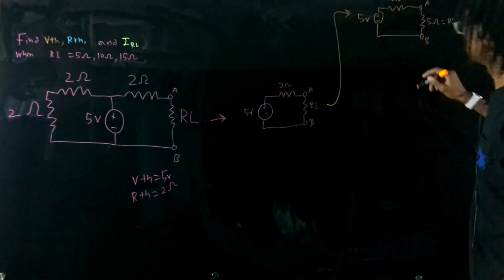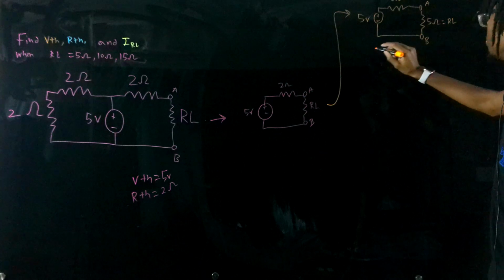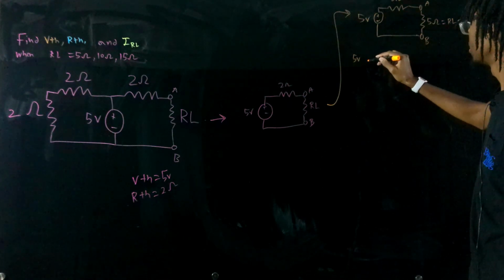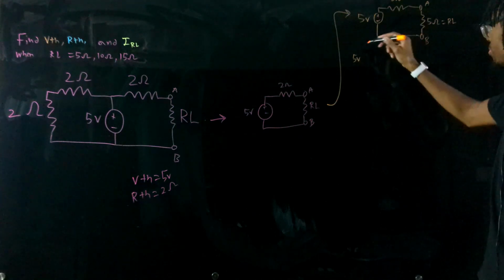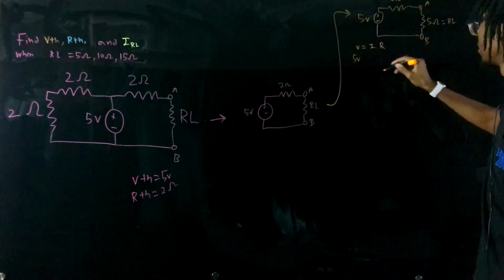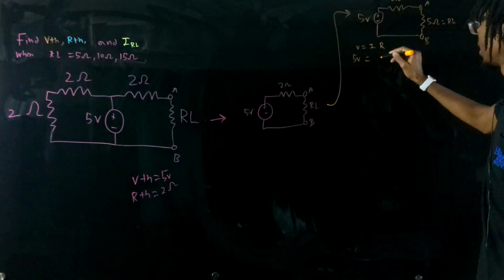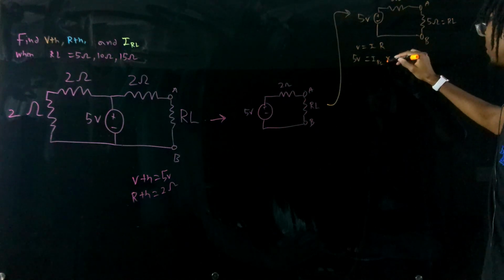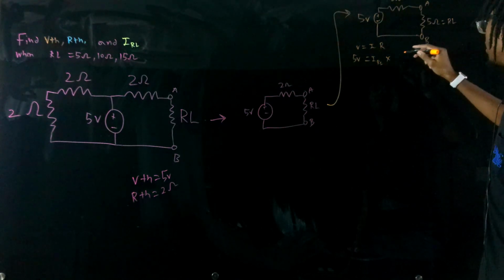So to do this, we will have our 5 volts, and we're going to use Ohm's law. So V equals I times R. Then we'll have our IRL that we're trying to find, multiplied by our R.